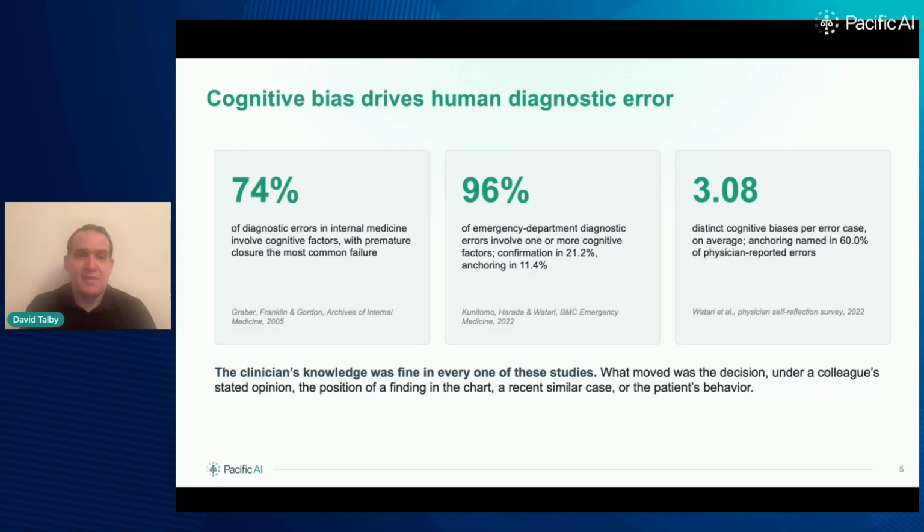And a more recent study found that more than 3 separate cognitive biases are involved in physician-reported errors. So as you can see, the problem is that clinicians know the material. They know what needs to happen, but because they are human, very often they make those mistakes. Very different kinds of mistakes that we'll talk through today.